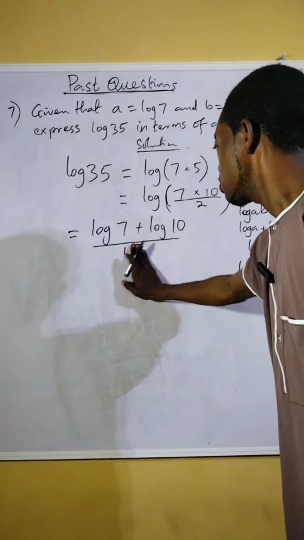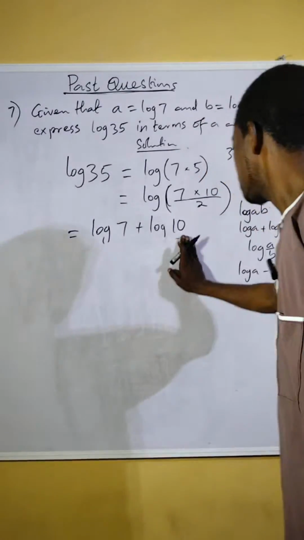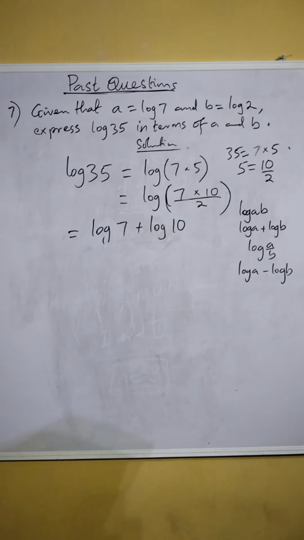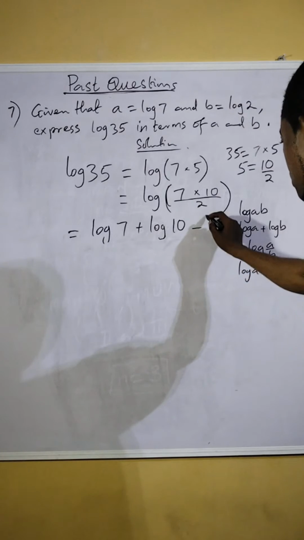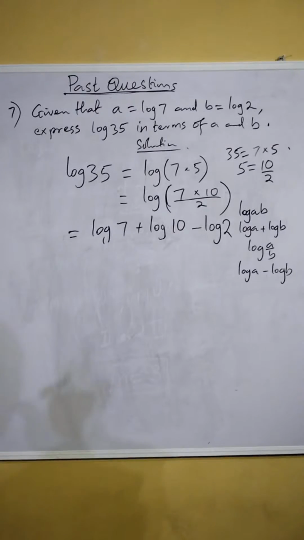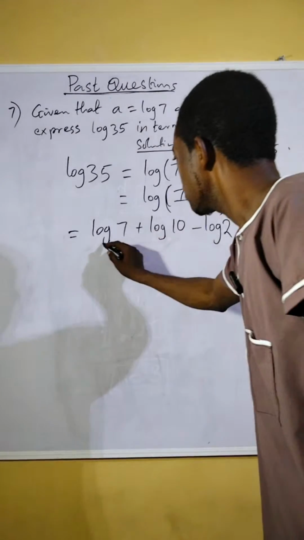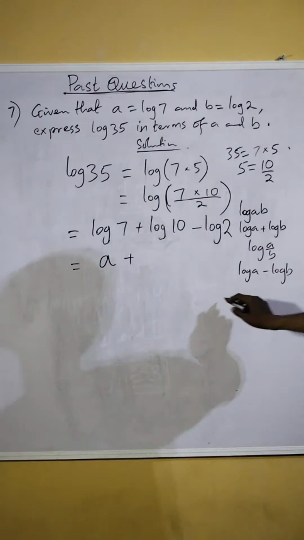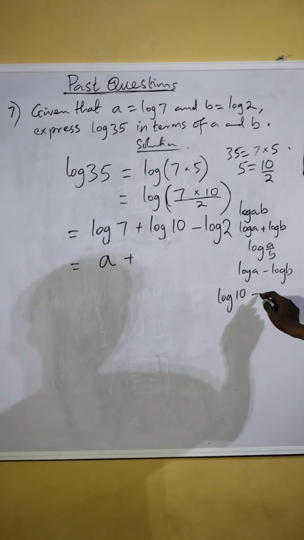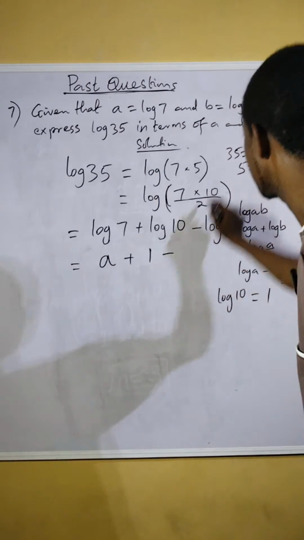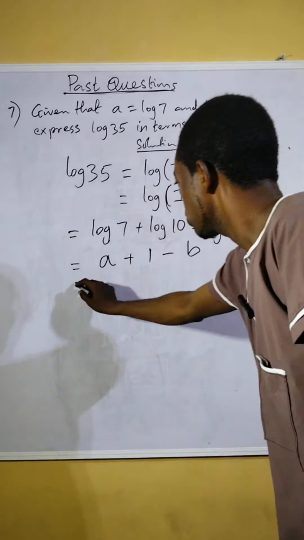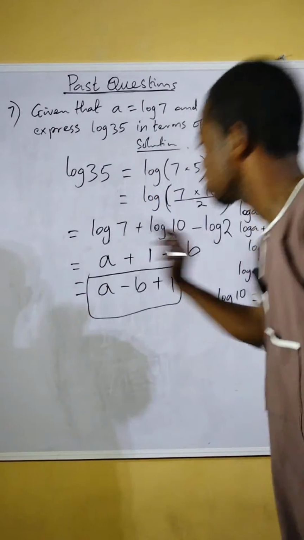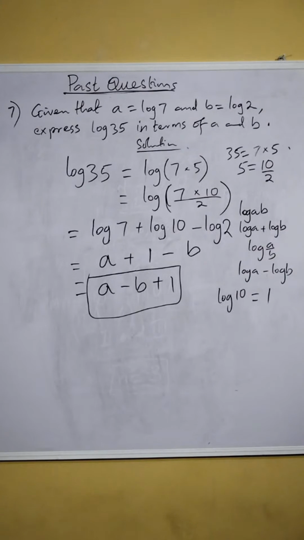When we have division, it is minus. Then log 7 has been given to be a, then plus. Anytime we have log 10, it is the same thing as 1. So this is 1, then minus log 2, that's b. So when we write this, we can say this is a minus b plus 1. So this is the expression for what is given in terms of a and b.